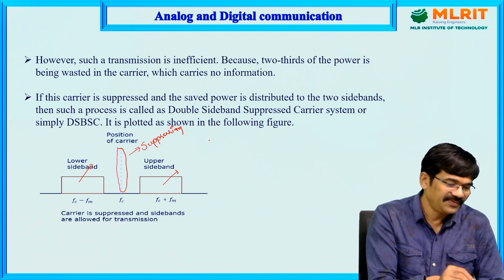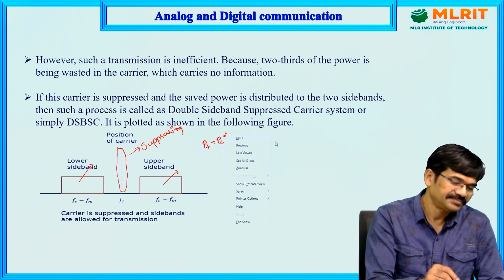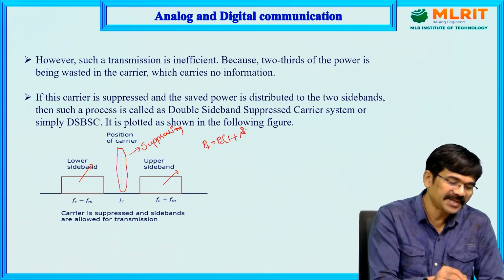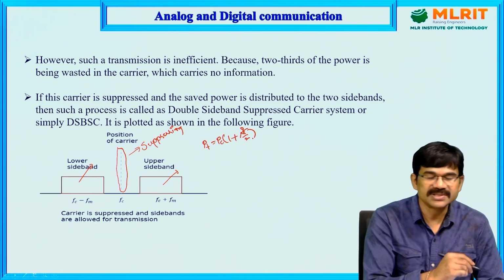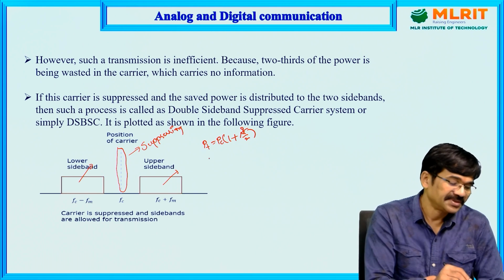If we take the AM power expression, PT is equal to PC plus PC mu square by 2, that is, PT is equal to PC times 1 plus mu square by 2. This is the expression for AM and the DSBFC full carrier system.